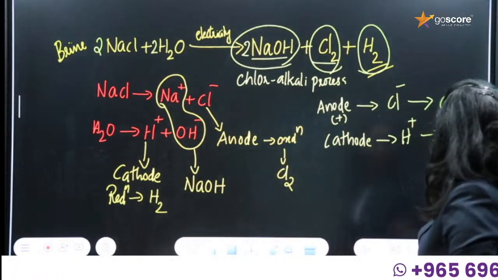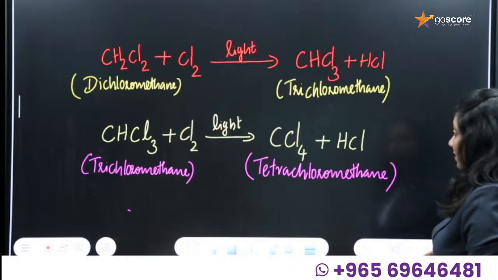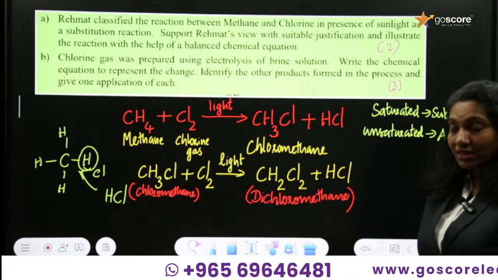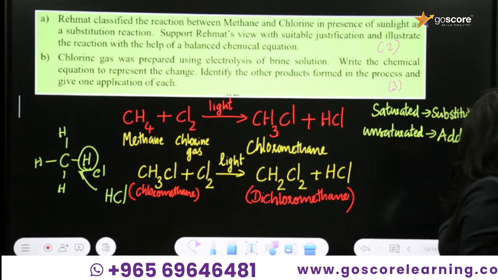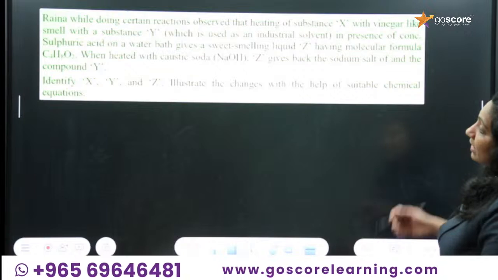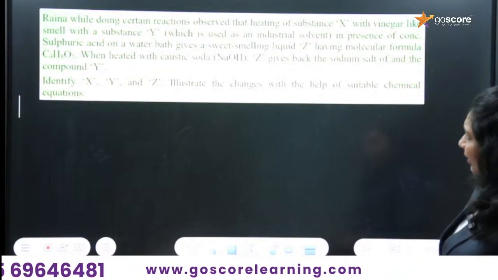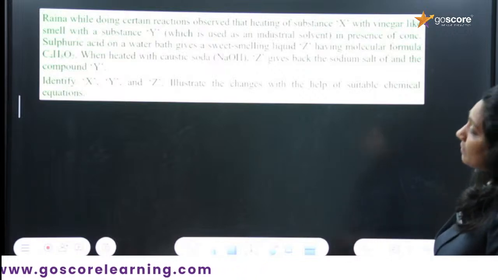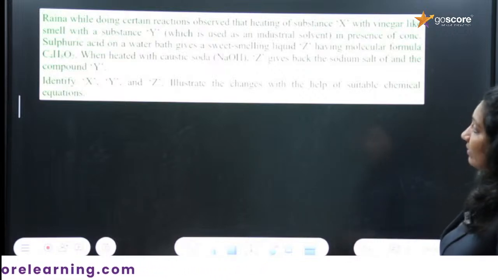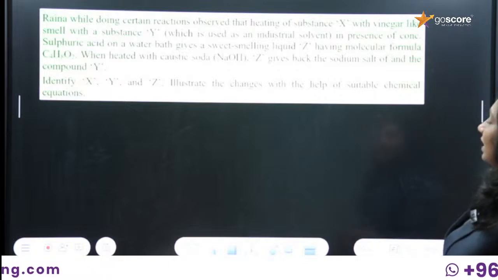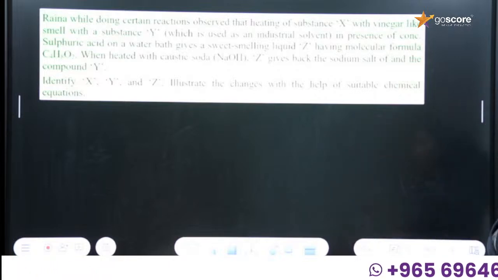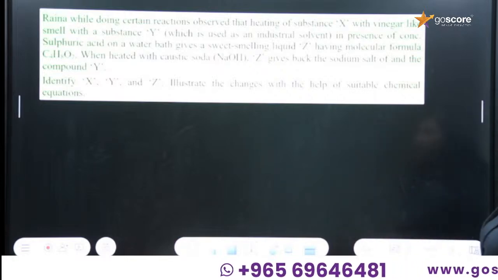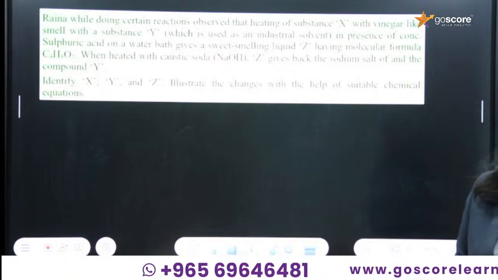Okay, now that is the first question for 5 marks. Now we can move on to the OR question for 5 marks. That is, Reena, while doing a certain reaction, observed that heating of substance X with vinegar-like smell with a suitable substance Y, which is used as an industrial solvent in presence of concentrated sulfuric acid on a water bath, gives a sweet-smelling liquid Z having the molecular formula C4H8O2.